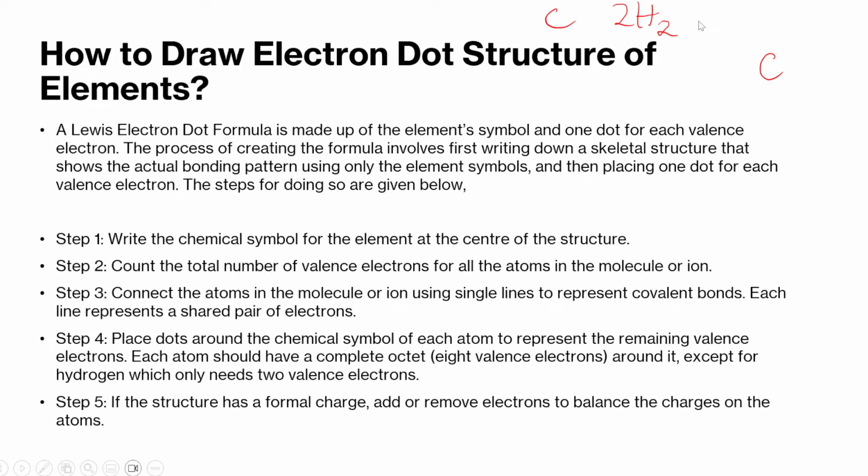Therefore, we're going to note that the number of electrons from carbon is 4. So 4 valence electrons so far. How many valence electrons does hydrogen have? Hydrogen has 1, and we have 4 atoms of hydrogen, therefore we're going to have 4.